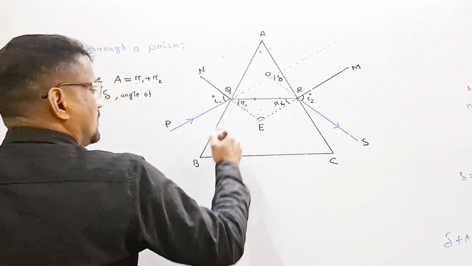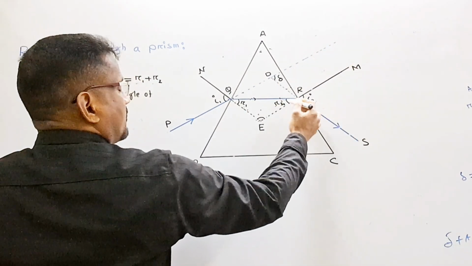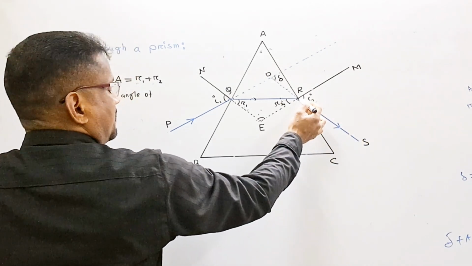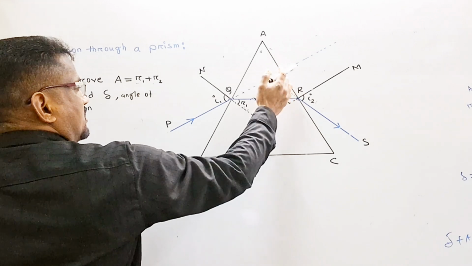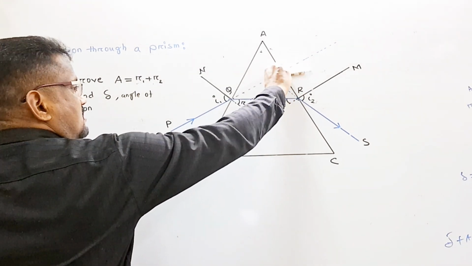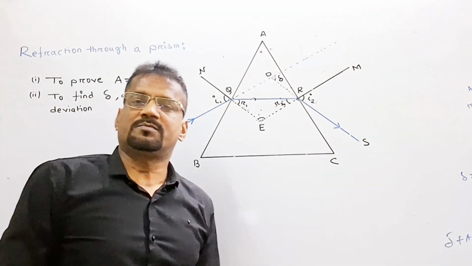Then PQ was the original path, and finally it emerges from the prism along this path, and if you plot it backward, it will meet here. That means from the original path it turns through this much of an angle. That is called the angle of deviation, which is represented by delta.